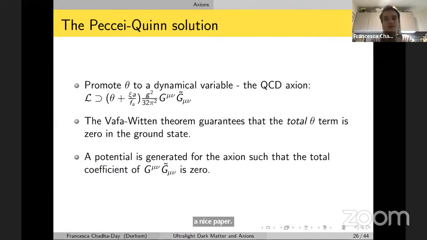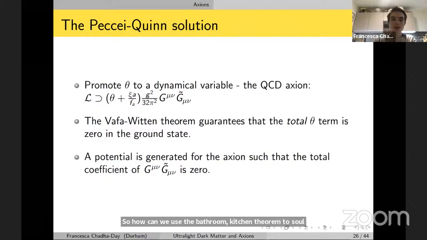So how can we use the Vafa-Witten theorem to solve the strong CP problem? The basic idea is that we promote theta to a dynamical variable so that the Vafa-Witten theorem will apply. To do this, we can't get rid of the theta term entirely. All we do is add on a new term, the axion A, which is dynamical, that couples to gluons in exactly the same way as the theta term.